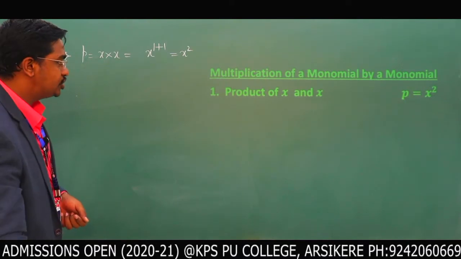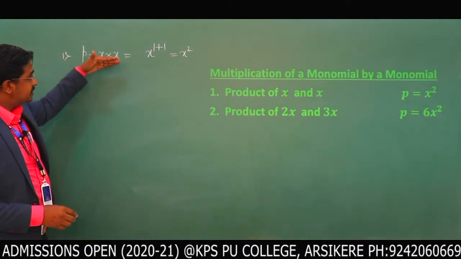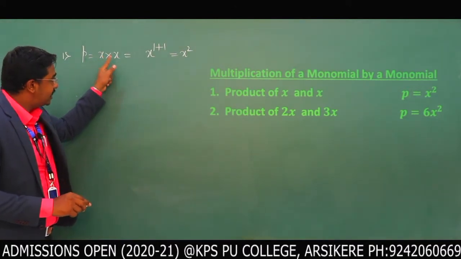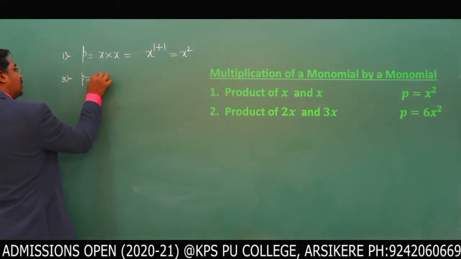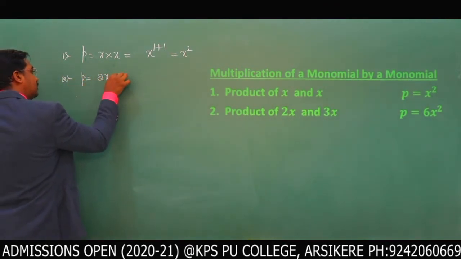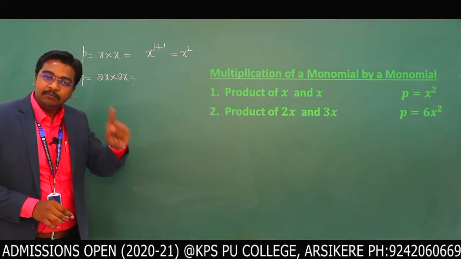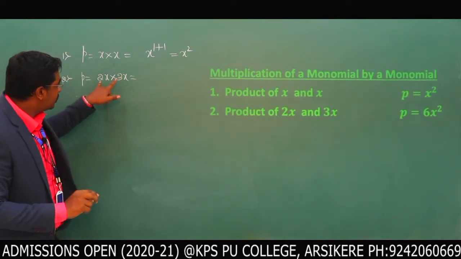What about the second question? 2x into 3x. In the previous case, both terms had the same coefficient, 1 and 1. Now P is equal to 2x into 3x. When finding the product of these terms, always look for the coefficients first.